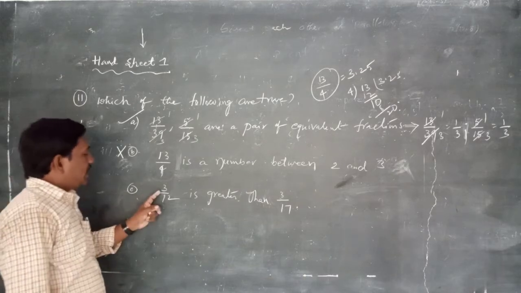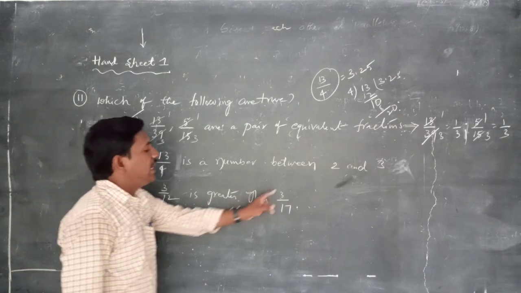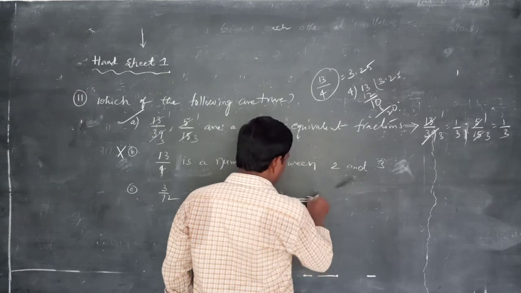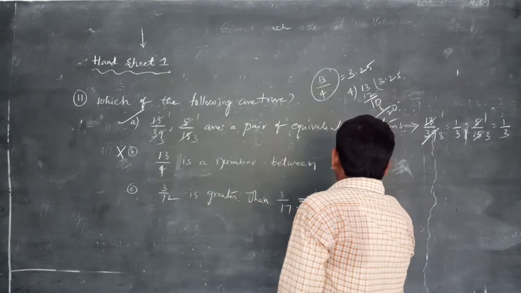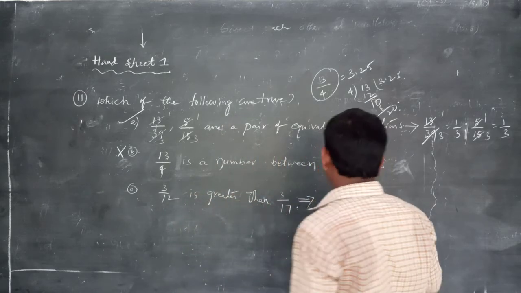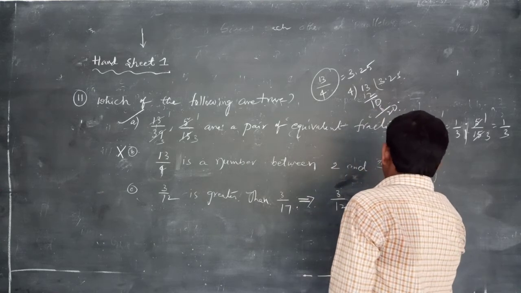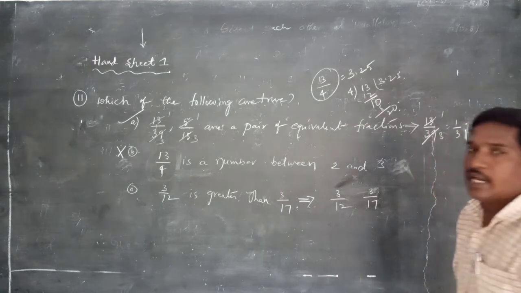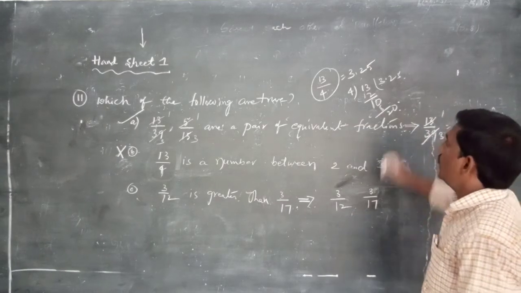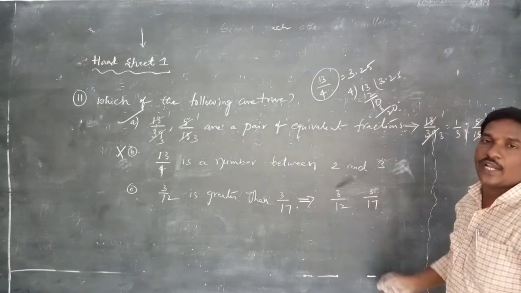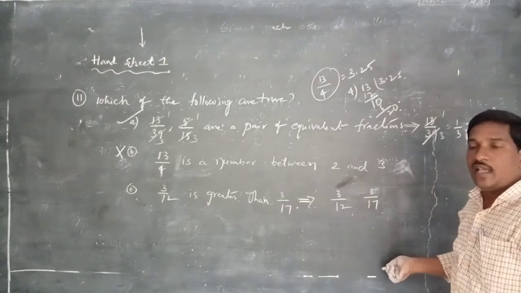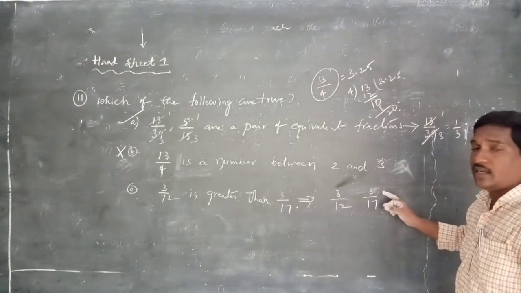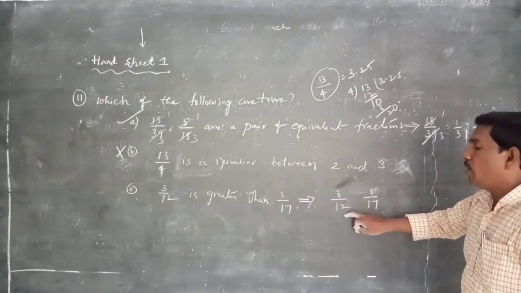Now, 3 by 12 is greater than 3 by 7. Just observe 3 by 12, 3 by 7. In like fractions, denominators are equal and we have to compare the numerators. But here numerators are equal, denominators are different.